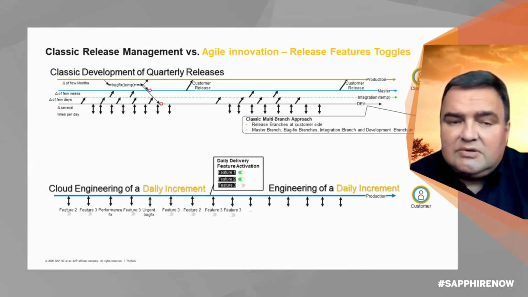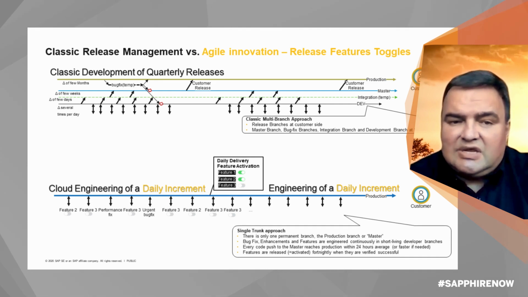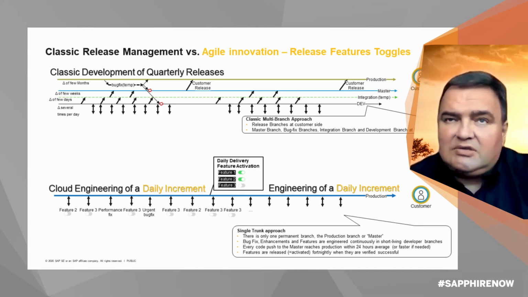Cloud comes with a completely different philosophy. Cloud engineering, when the developers are also running engineering, including DevOps, comes with a daily increment. So the engineering manages a daily increment of the software, which means that the single trunk approach leads to only one branch from the developer into the production.